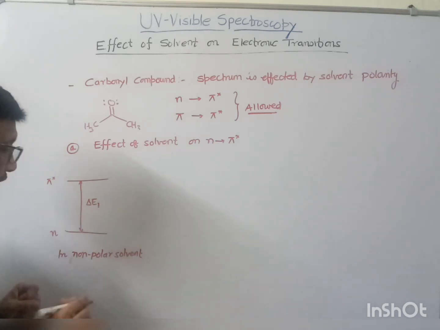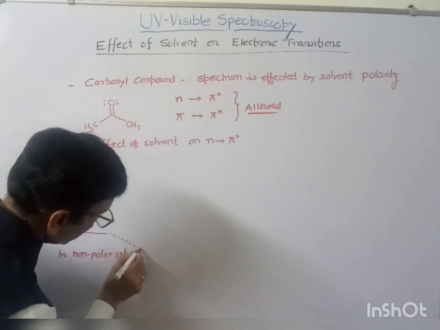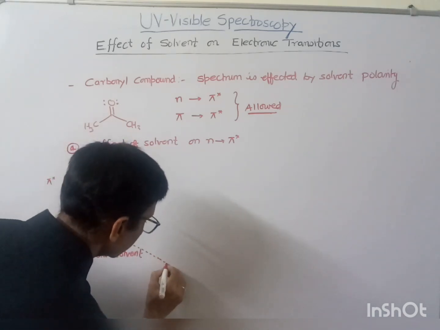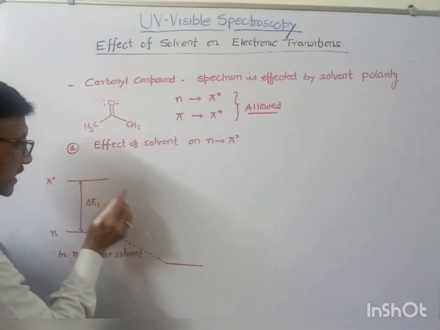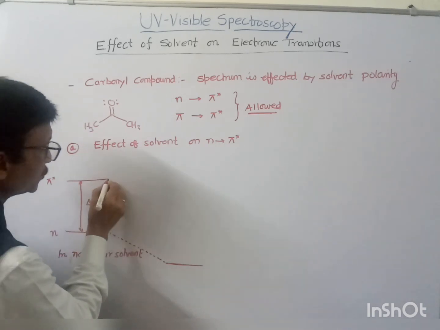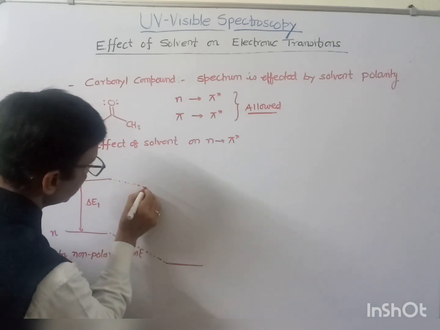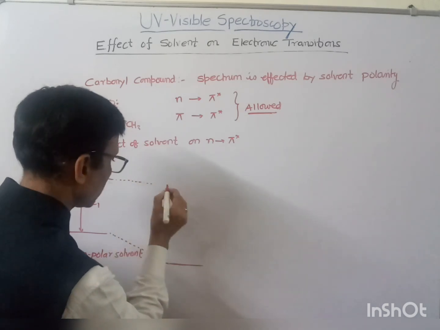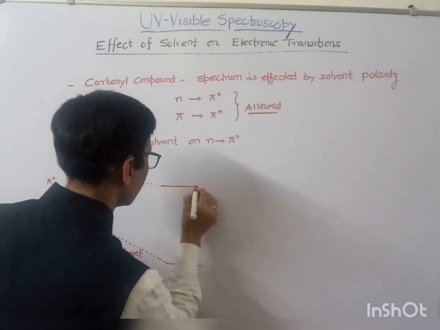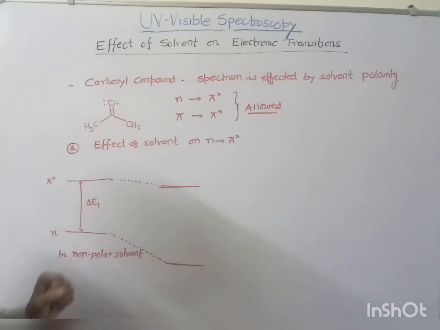In a polar solvent, the energy of the ground state will decrease, as you can see, the energy of the ground state decreases like this. The energy of the excited state, that is pi star, will also decrease, but the decrease here is very little. As I have shown, the decrease of the ground state is more in comparison to the excited state.